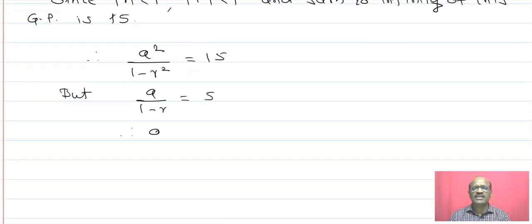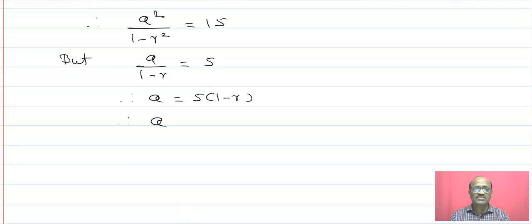But we also have, in the first condition, a upon 1 minus r is equal to 5, and a square upon 1 minus r square is equal to 15. Now solve these two equations and we will get the value of a and the value of r.